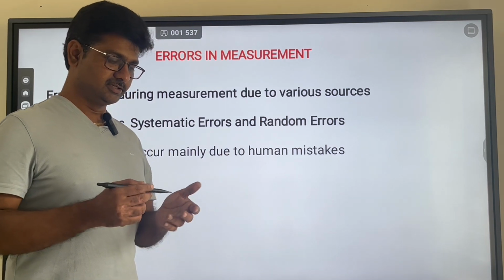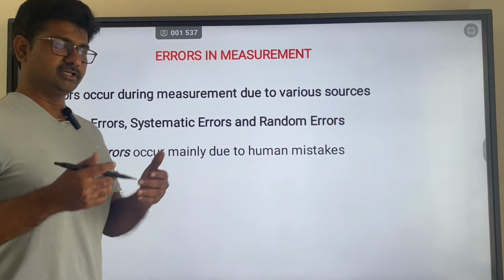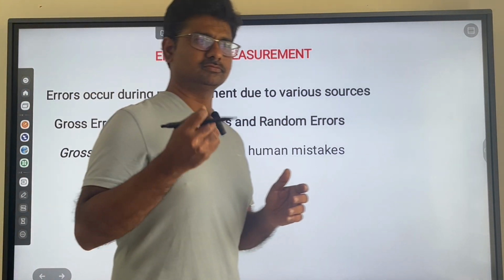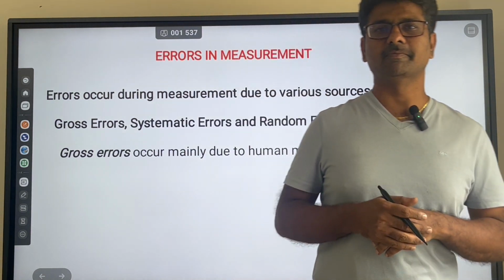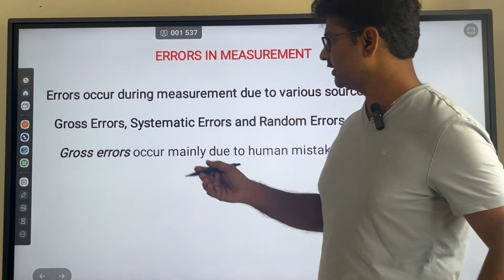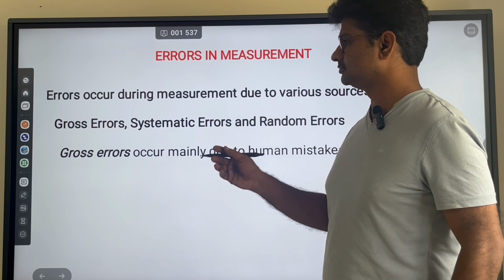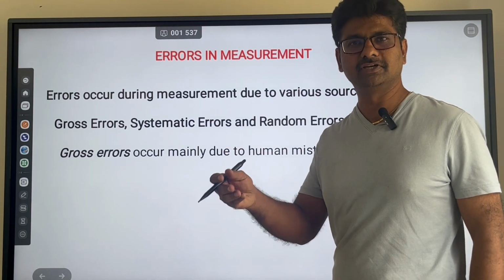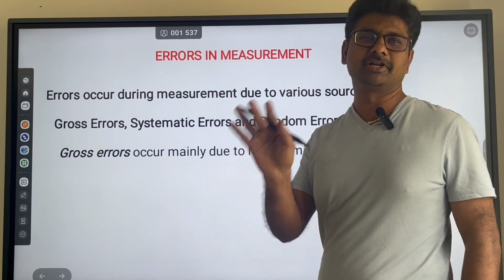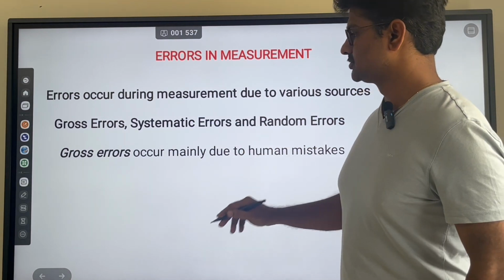Gross errors occur mainly due to human mistakes. That means we all make mistakes, right? Suppose you are doing an experiment in a lab and you are trying to measure the speed of a vehicle, or you are just noting the temperature of some liquid.